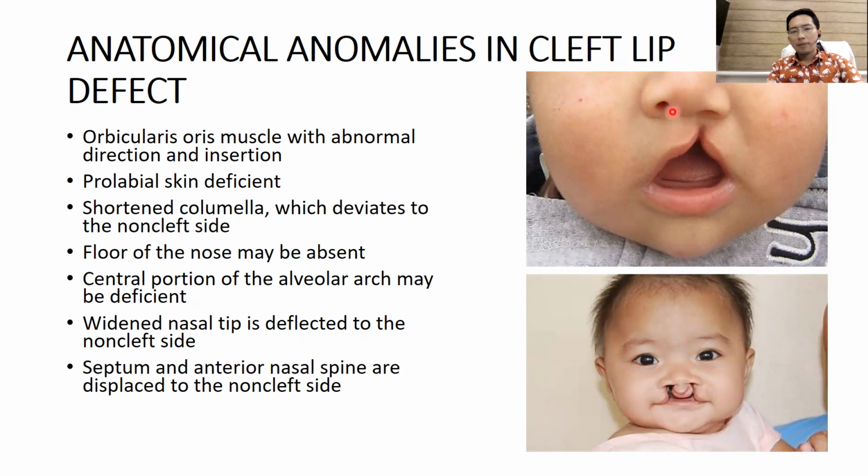The floor of the nose may or may not be absent, and the central portion of the alveolar arch may be deficient. When you become a surgeon later on, if you're doing palatoplasty or cheiloplasty, you assess or you palpate this area.